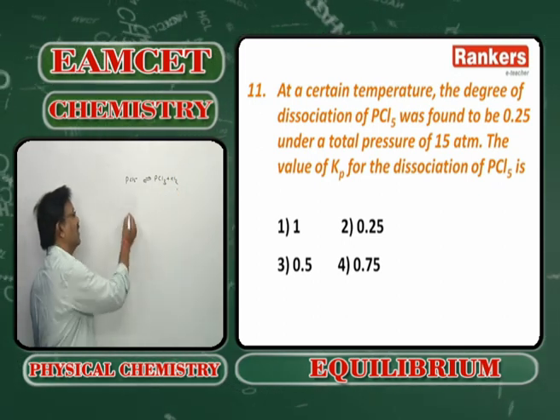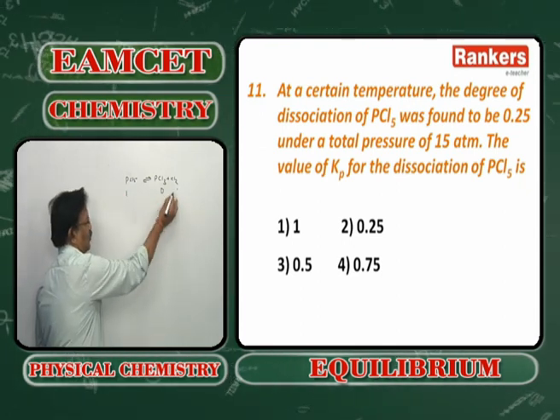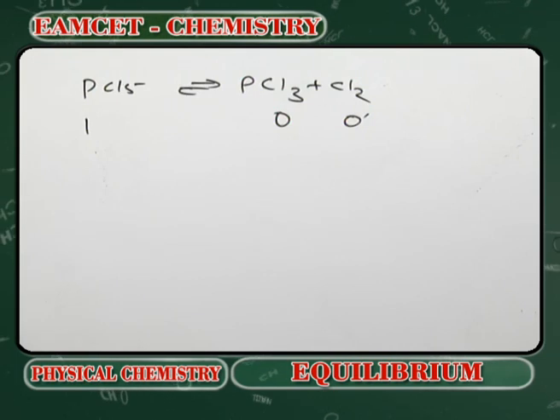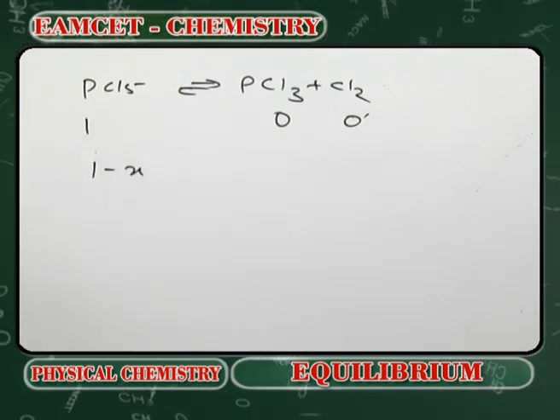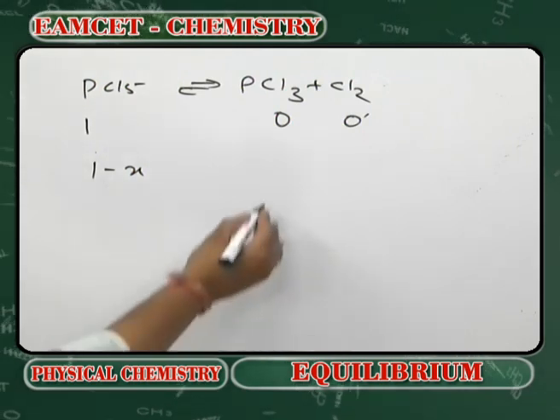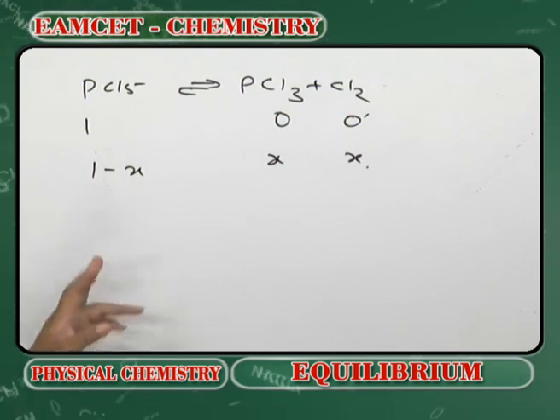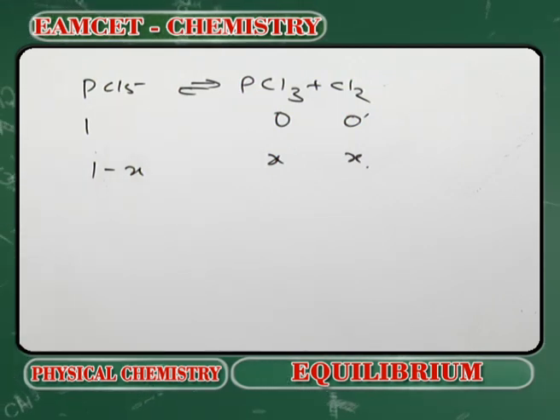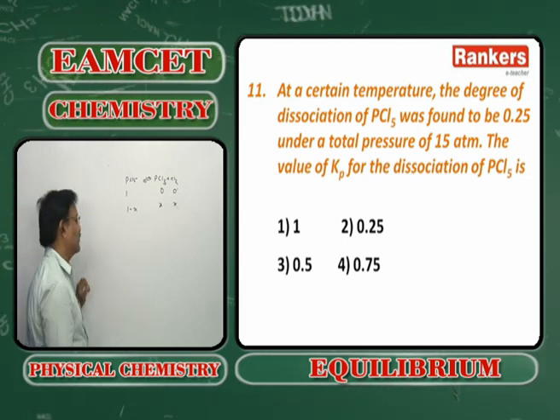Since nothing was specified, this is 1, this is 0, this is 0. And at equilibrium, this will be 1 minus x, this will be x, and this will be x. What is the hint given for us to calculate the x value?